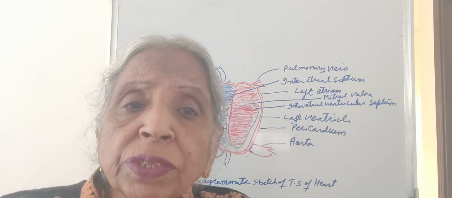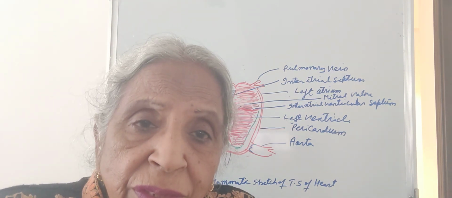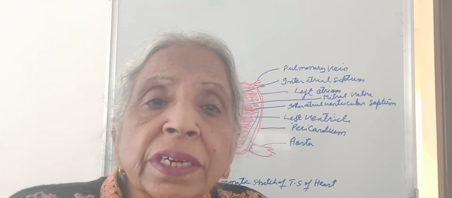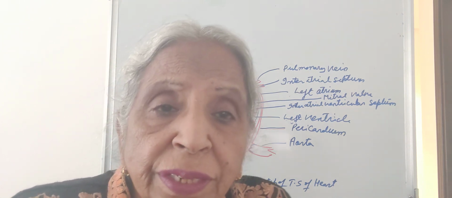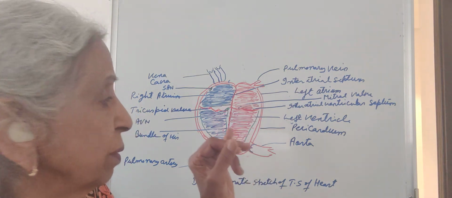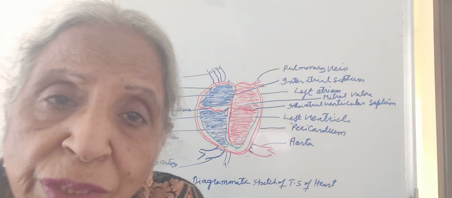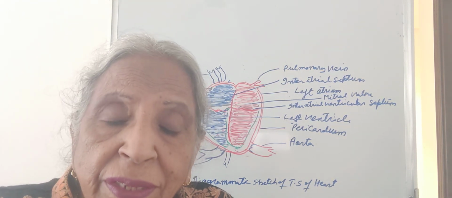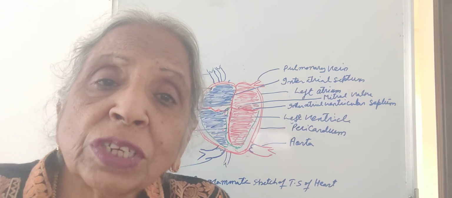The 70 milliliters of blood which is pumped in one sequence, that is in one cardiac cycle, is called the stroke volume. And the total blood which is pumped out in 1 minute through 72 cycles of diastole, joint diastole and systole is 5 liters.